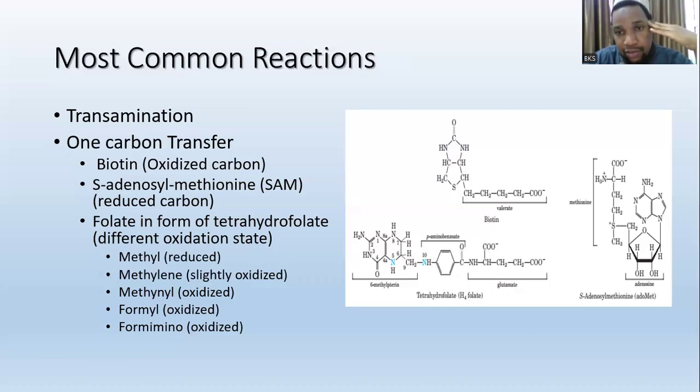Now we can see the structures of these molecules on my right. We can see that of biotin here, and we will see a classical example where biotin is involved in a carbon transfer reaction. We also have S-adenosylmethionine; we'll see how it is formed and how it is involved in the transfer of the methyl group. And here we have tetrahydrofolate.